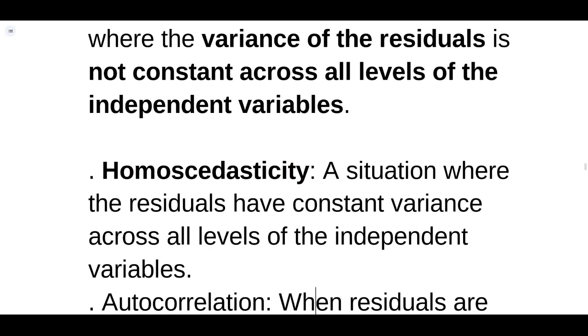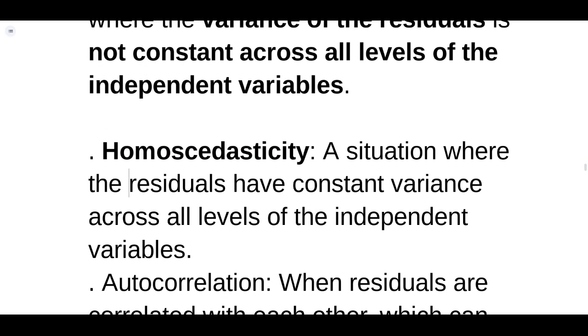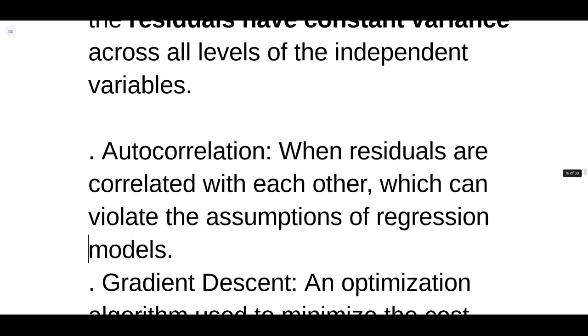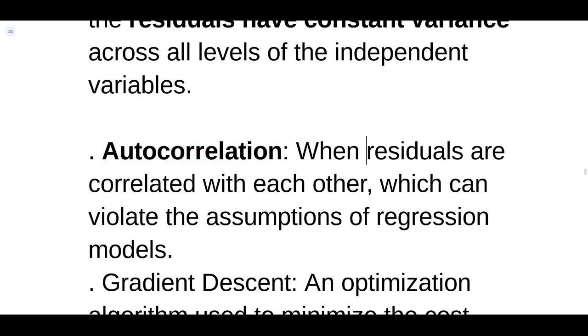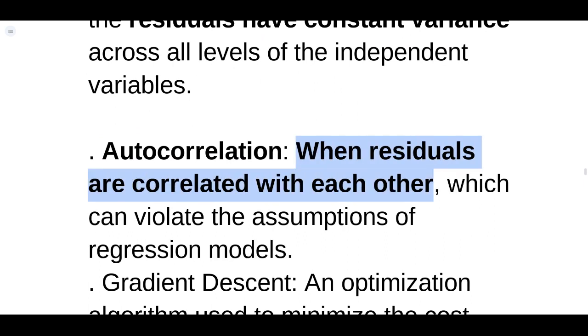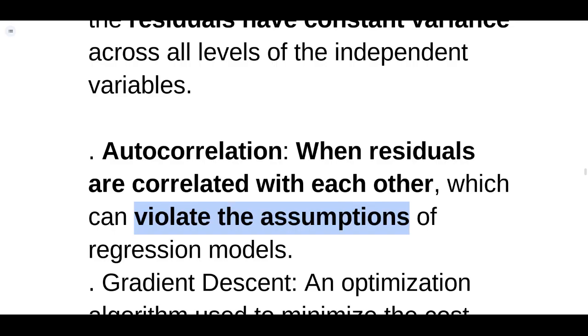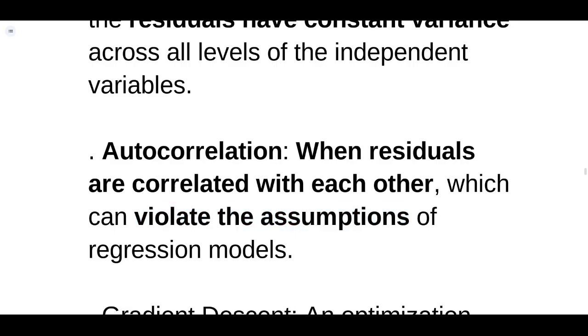Homoscedasticity is a situation where residuals have constant variance across all levels of the independent variables. Now, autocorrelation is when residuals are correlated with each other, which can violate the assumptions of the regression model.